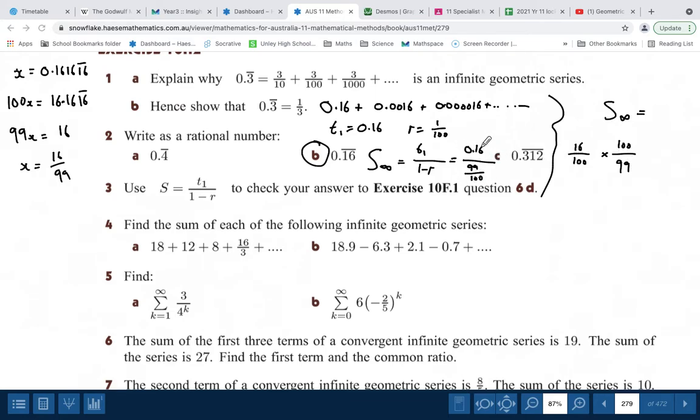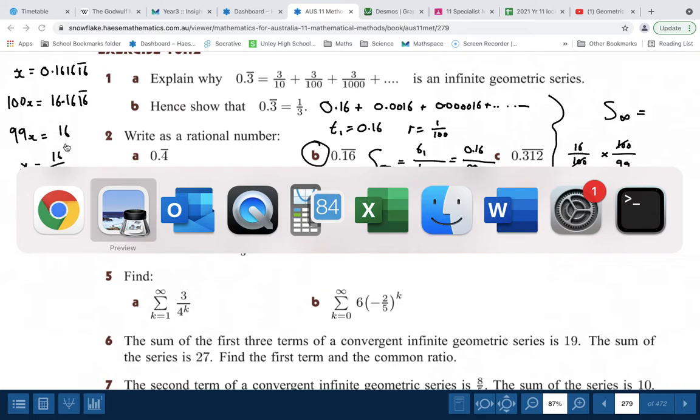I'm saying 0.16, that's 16 on 100, all divided by 99 on 100, and I got that from 1 minus R from the formula. Right, these hundreds cancel nicely. 100 divided by 100 is 1, and we're just left with 16 on 99, which I've checked by this algebraic method over here. Right, so there's a nice, interesting application.